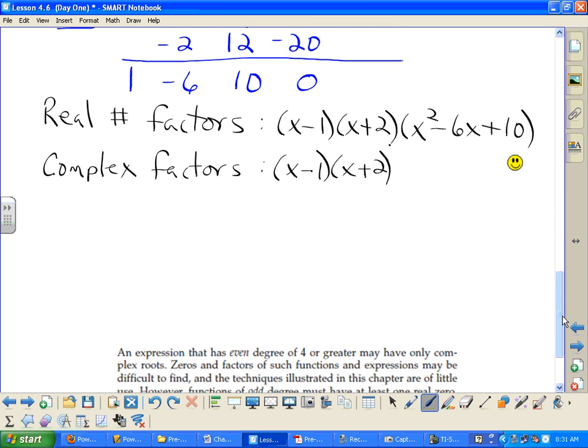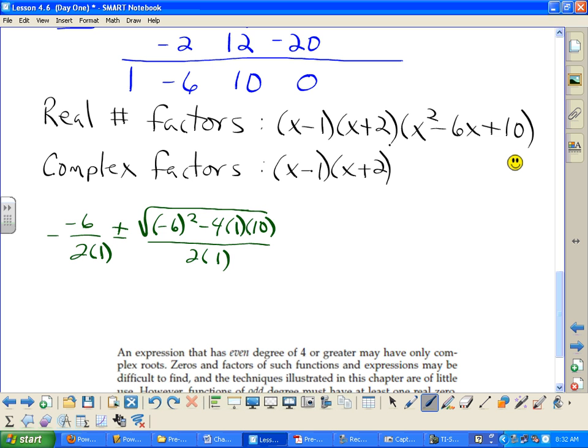So we'll go ahead and do the quadratic formula. Okay.